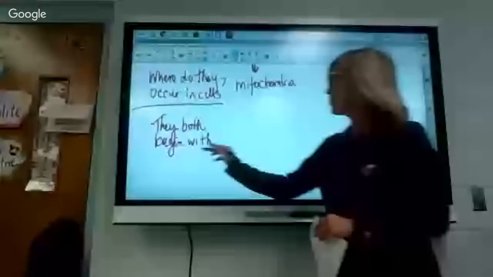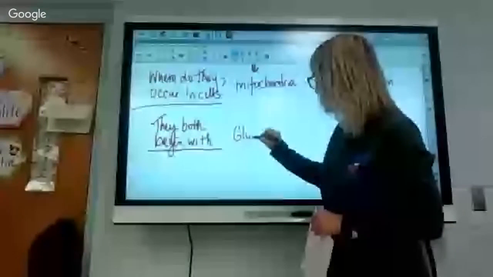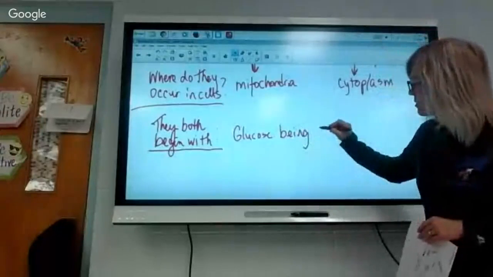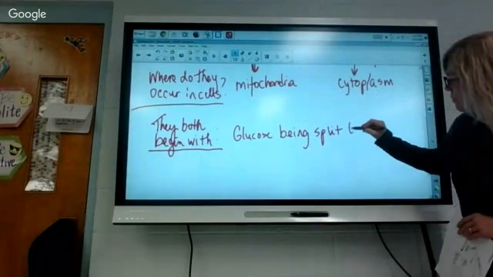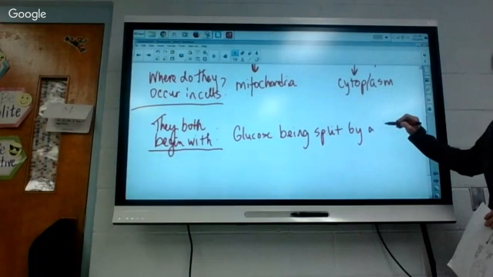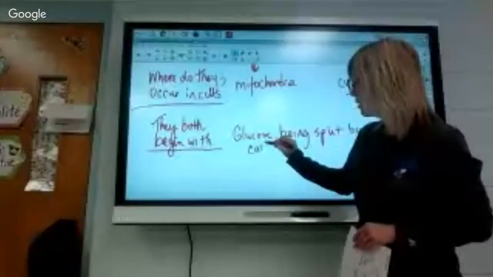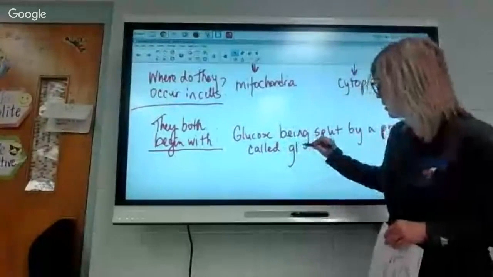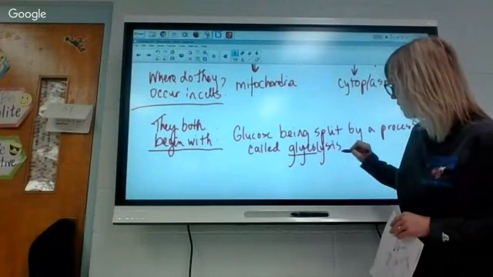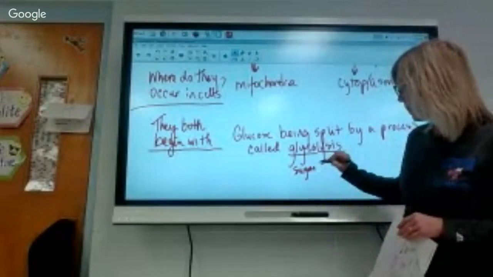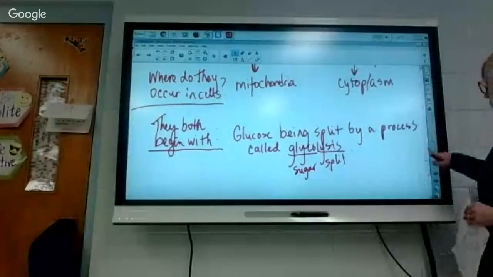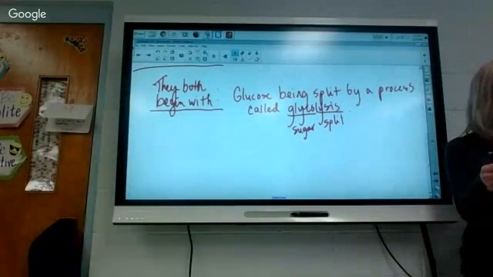They both begin with glucose being split by a process called glycolysis. That's where we have the sugar split. All right, next. So they both start with glycolysis.